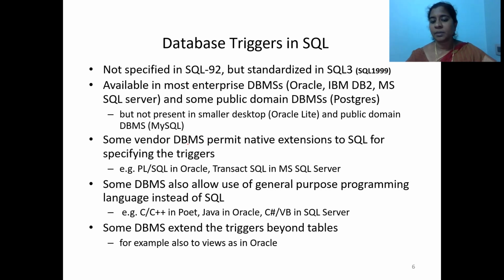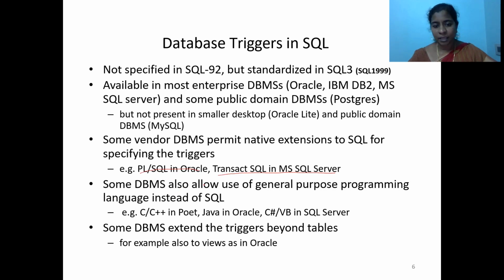Some vendor DBMS permit native extensions to SQL for specifying triggers, for example, PL/SQL in Oracle and Transact-SQL in MS SQL Server. These vendors support these triggers, so in that case it will be provided as an extension.